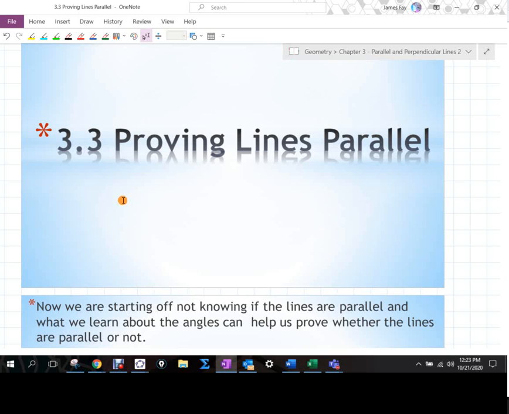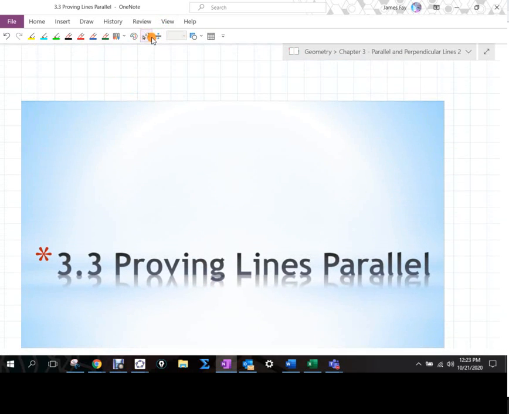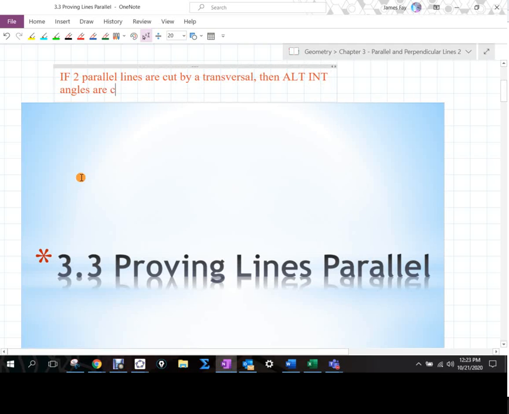Okay. So yesterday we said, if two parallel lines are cut by a transversal, then alternate interior angles are congruent. That's what we said, right?